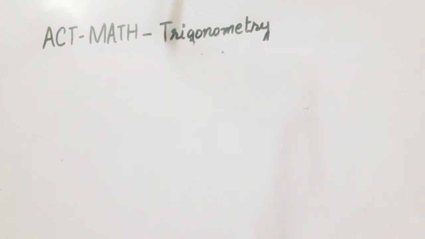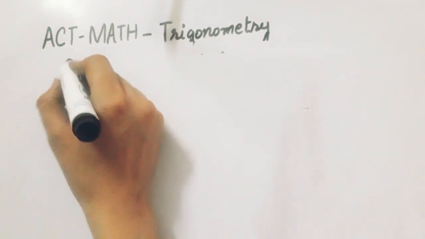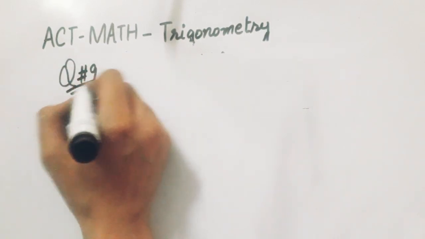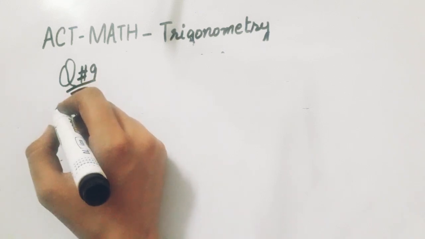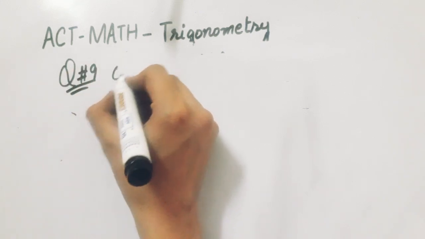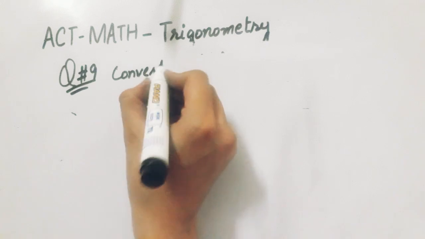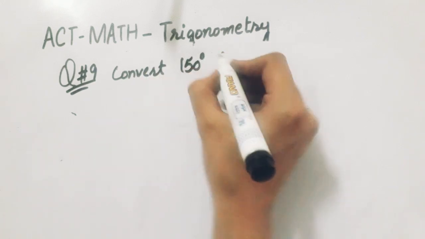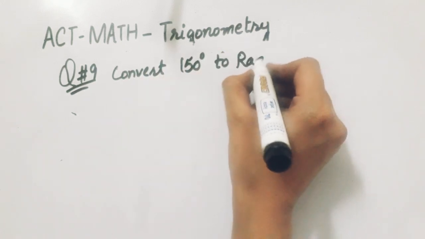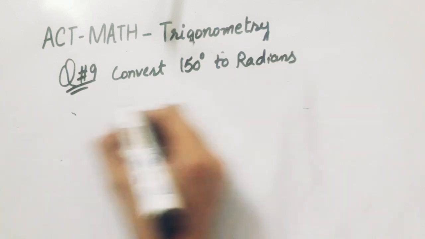Now we will get question number 9, which is conversion of angles. Convert 150 degree to radians.